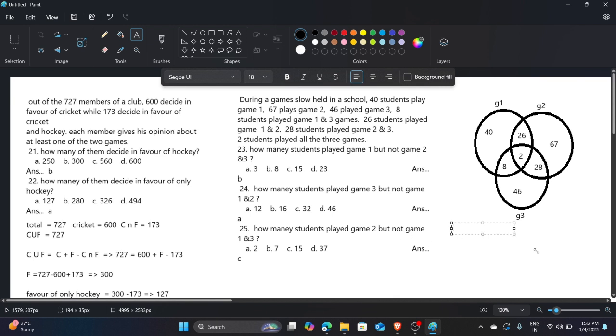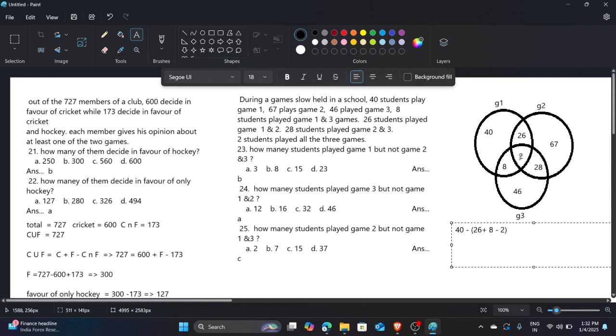Total 40 students played game 1, but out of the total, 26 students played game 2 also with game 1, so 26. Now 8 students also played game 1 with game 3, so it is 8. And some students played all the games.